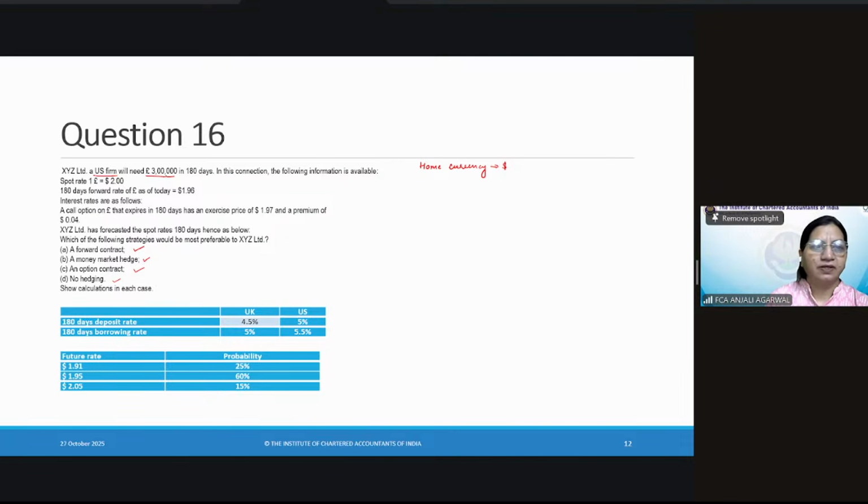So it will need, means it has payables. Exposure is what? You have payables. Pound 300,000 payables. So there is a liability to make a payment, when exactly, after 180 days.